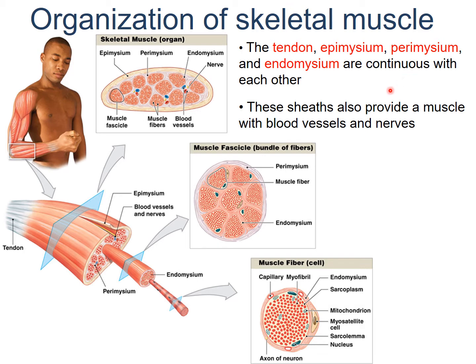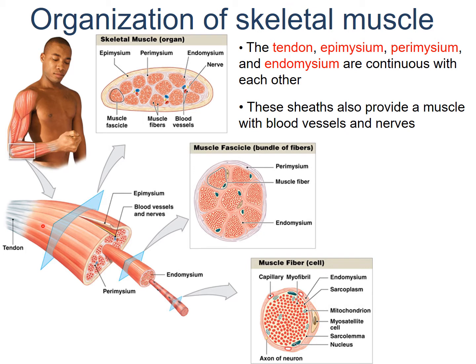Okay, all right, so if we come over here, we're starting off looking at a skeletal muscle organ itself. And if we come down here, if we follow a little arrow, we can see the tendon. Now the tendon, we know that's dense, regular connective tissue that is attaching the muscle organ to the bone.